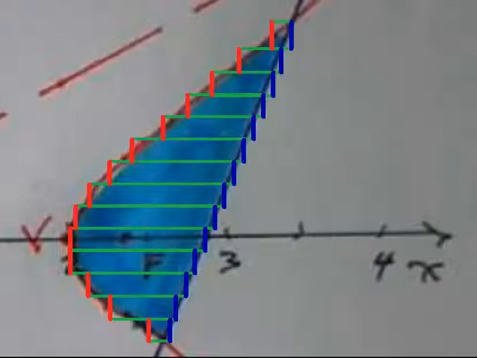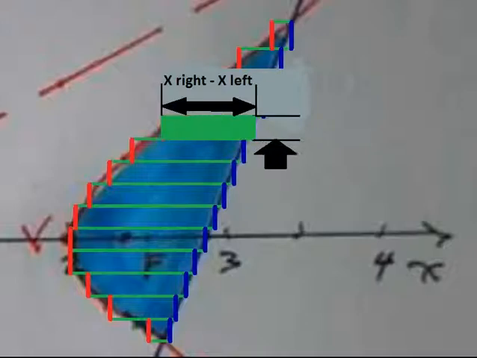All we need to do now is formulate the area of a single rectangle. Like any rectangle, the area will be length times width. In this case, the length of the rectangle will be its right-hand x-coordinate minus its left-hand x-coordinate. The width of the rectangle will be a little piece of the y-axis we can call dy.